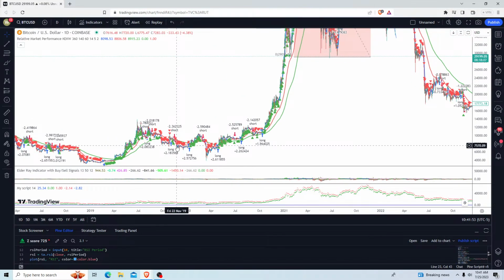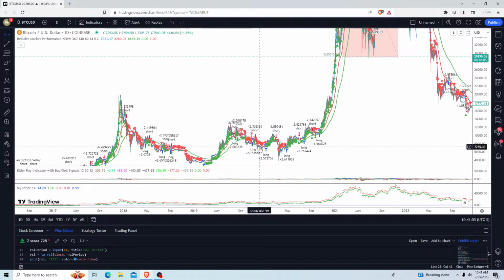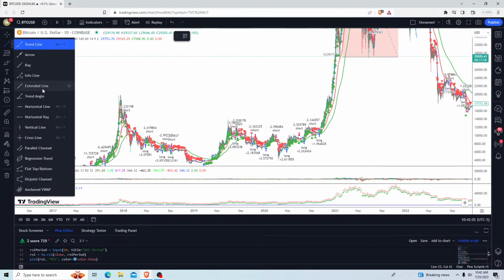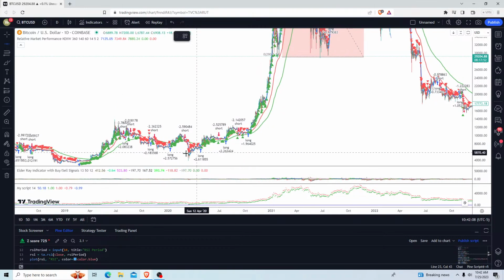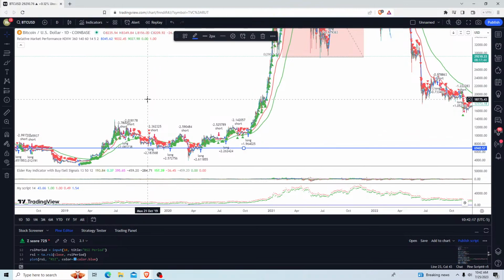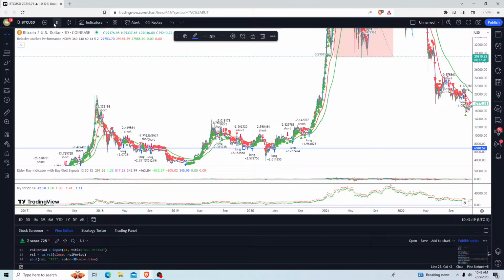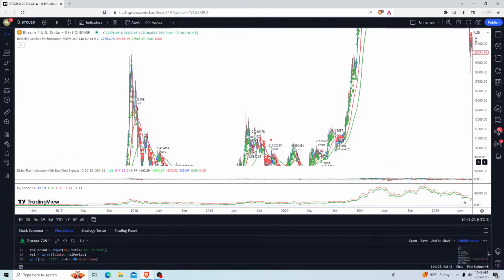Because if you really look at things, what's this level right here? If I draw a horizontal line right here in mid-November, near the bottom, that's where I'm saying this is equivalent to where we're buying right here.